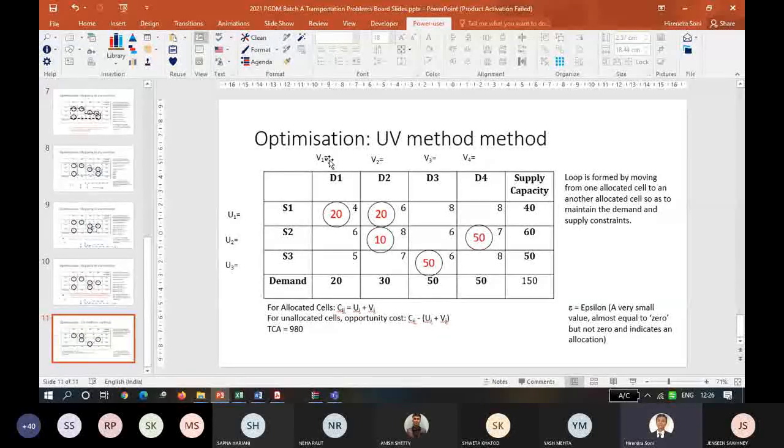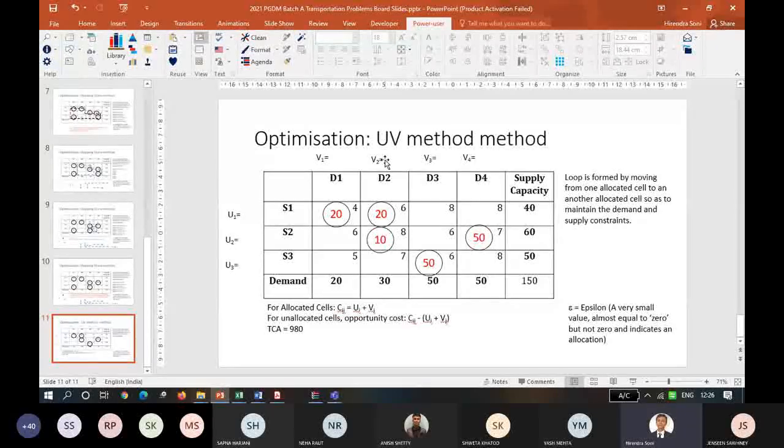It is assumed that every cost has two components. One is a part of the supplier and the other is a part of the customer, that is the demand center. So this 4 is equal to U1 plus V1. This 6 equals to U1 plus V2. This 8 is equal to U2 plus V2.